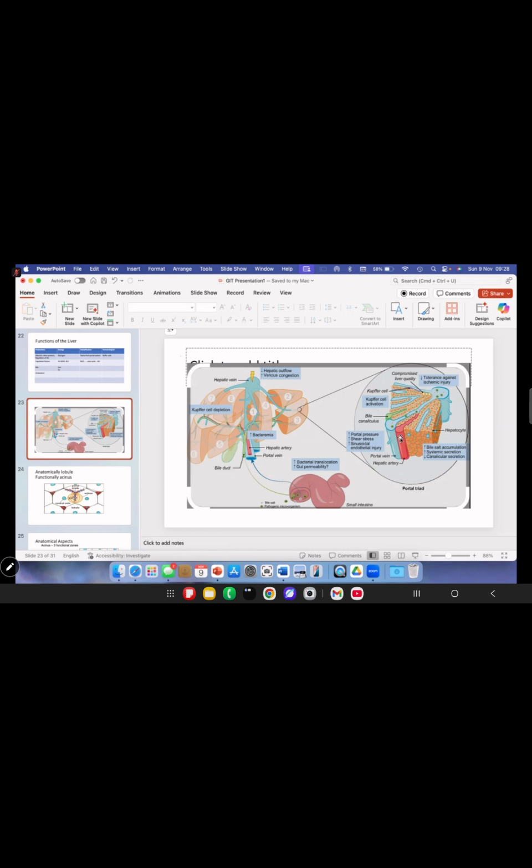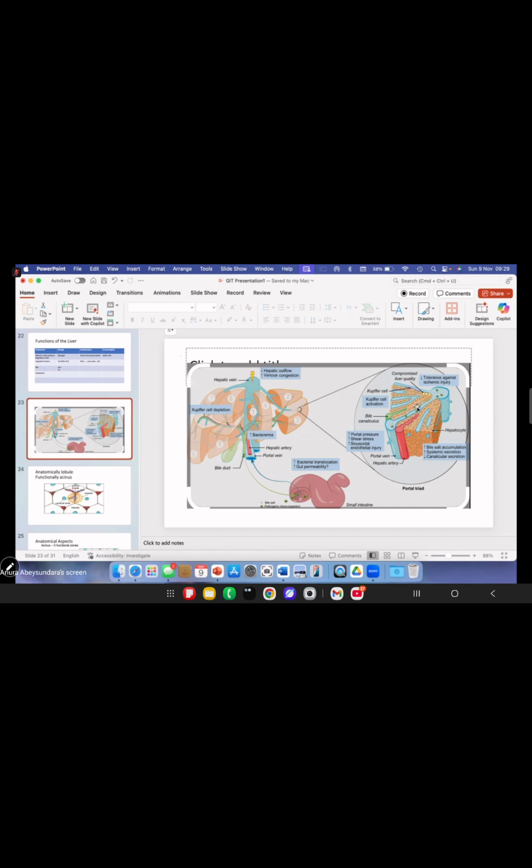Now, generally the oxygen supply is from this end. By the time the arterial blood comes here, it becomes venous blood, which is hypoxic. So this area is zone 3, this is zone 2, and this is zone 1.